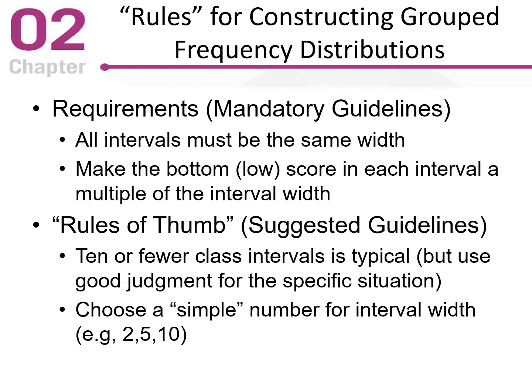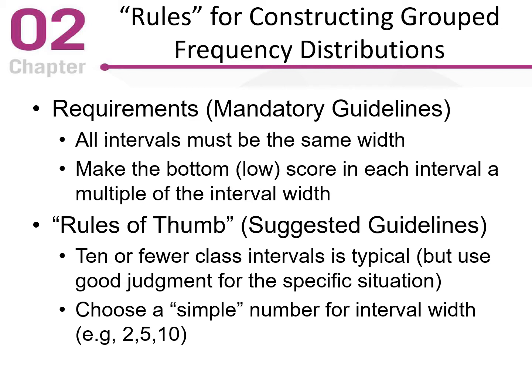I may tell you to make the interval a certain width. That'd probably be easier. If I'm giving you an exam, I'll tell you to make the interval a set width. I'll say make the interval width 10 or width 5, right? However, if you're just doing this on your own, you want about 10 different intervals. So the interval width will vary to get you approximately 10 intervals.